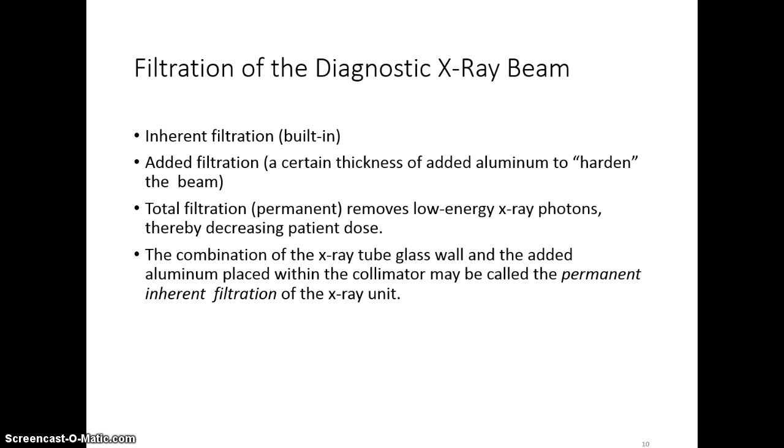And then the added is 2.0, and your total is 2.5 to 2.9 millimeters of aluminum equivalent. That's if you're operating above 70 kVp. If you're operating below 70 kVp, the total filtration is 1.5 millimeters of aluminum equivalent.